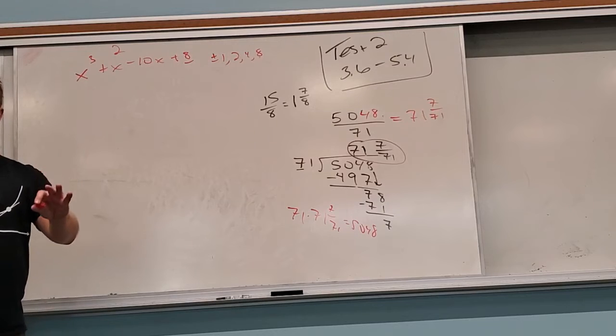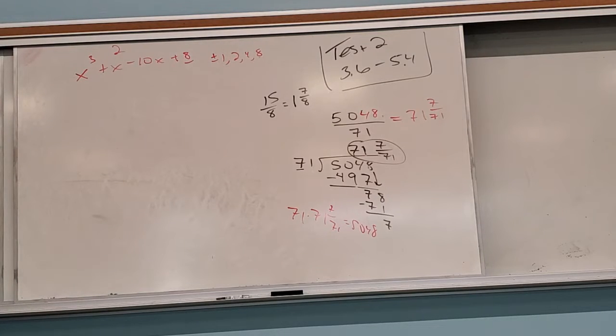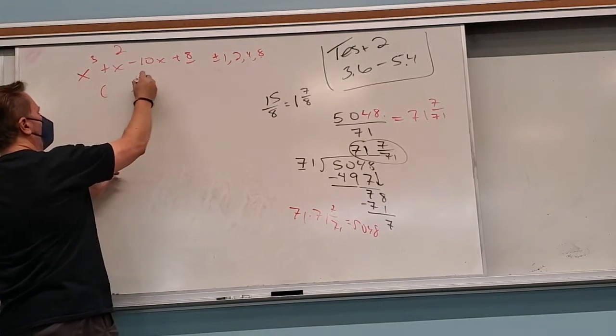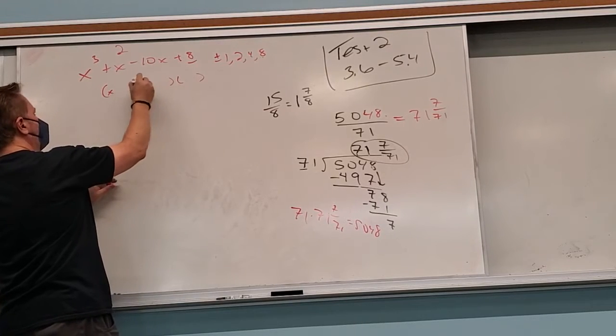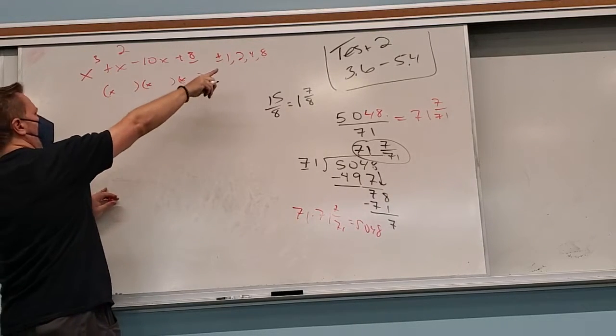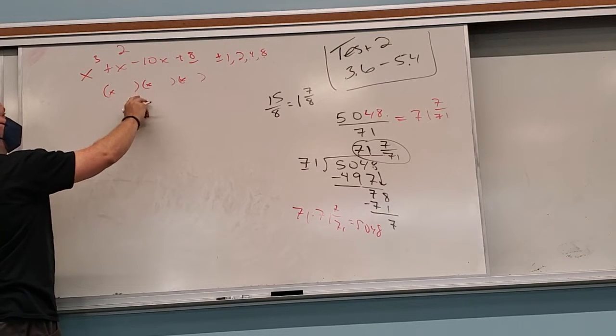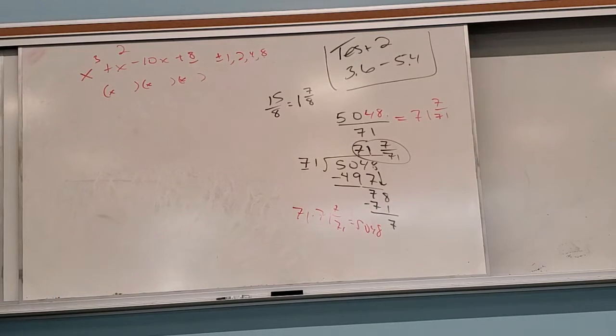Okay, now watch this. Just to cut to the chase a little bit. What's one possible thing? Remember, we know it's this. What's the simplest possibility that one of these could be? 2, sure. Couldn't one of them be x minus 2?